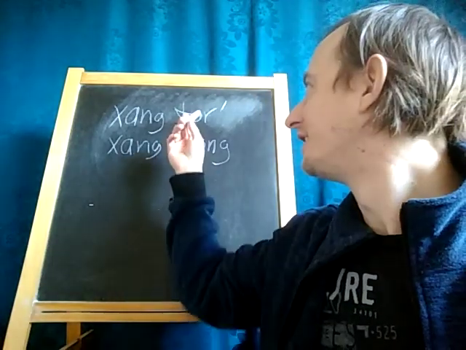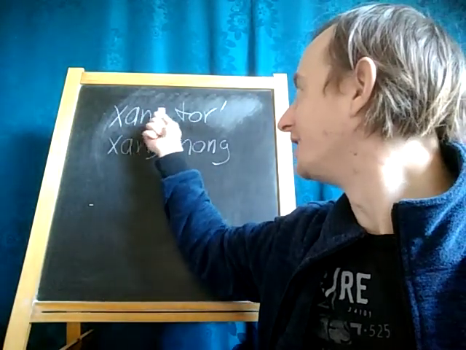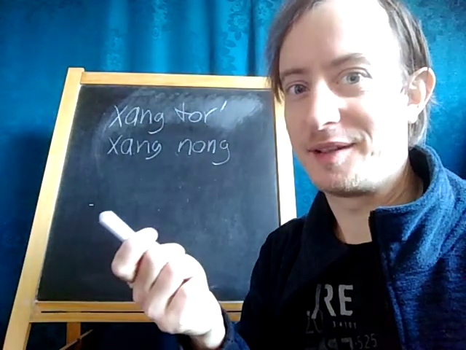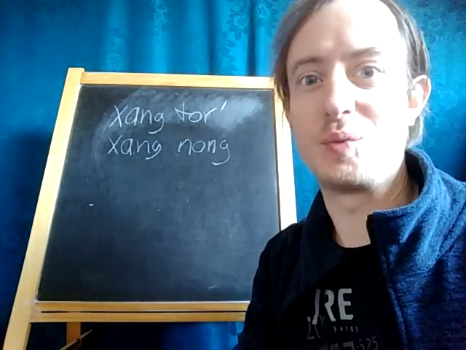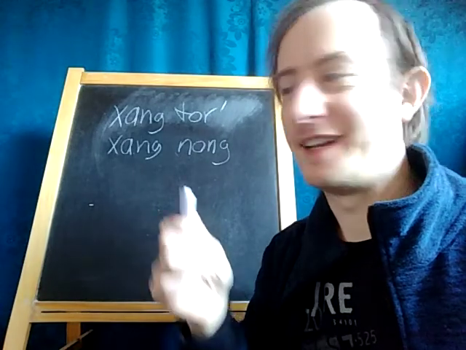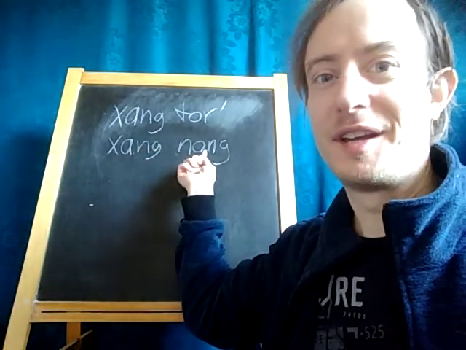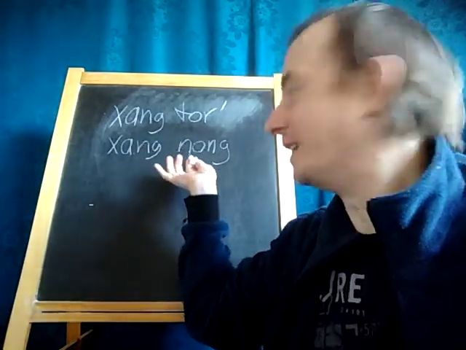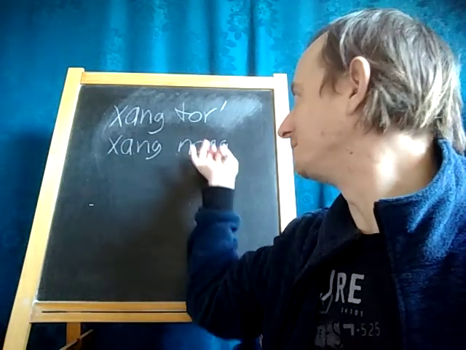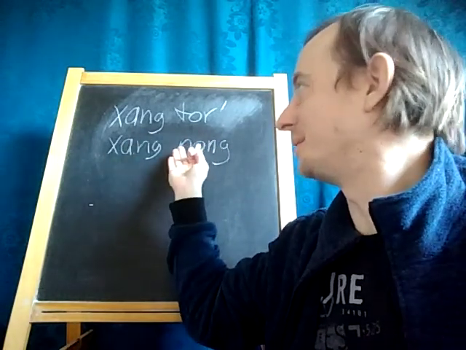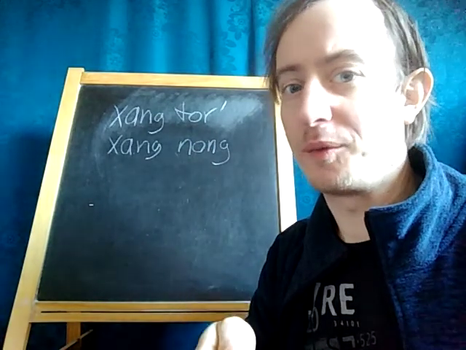If Xang Tor would be a person, a person that the magician wants to know about, then Xang Nong might be a person with a similar name, but it's definitely not what he's searching for.